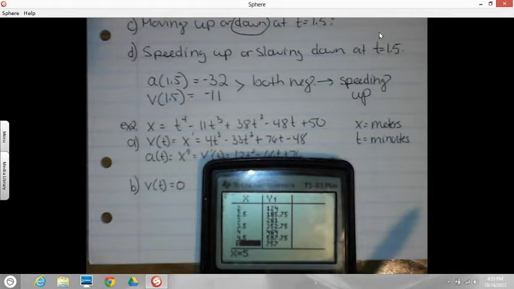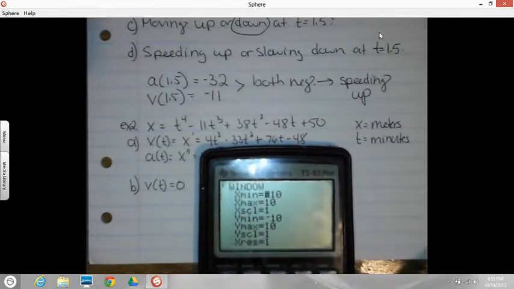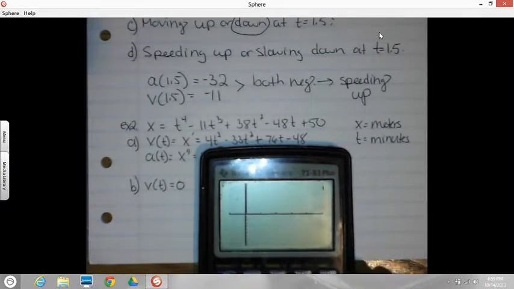So let's go further out here. Window x to 50. Oh, that didn't work. Where are they?